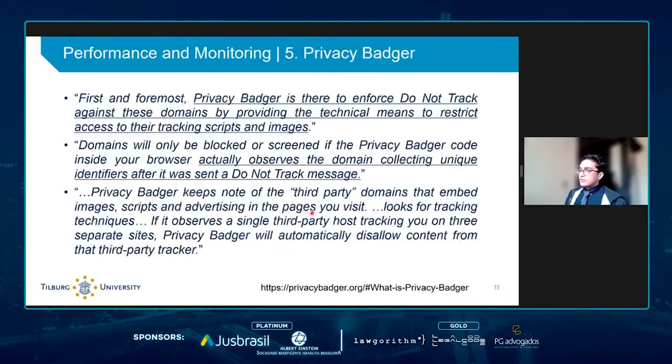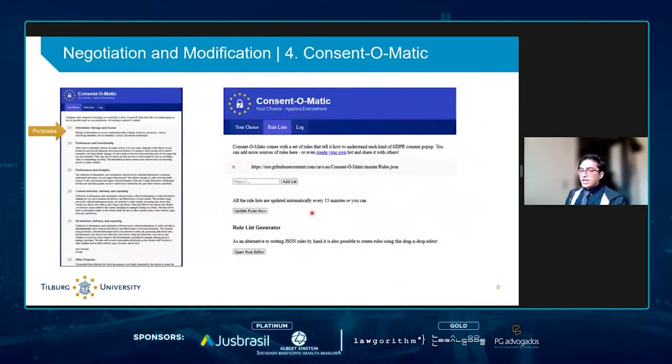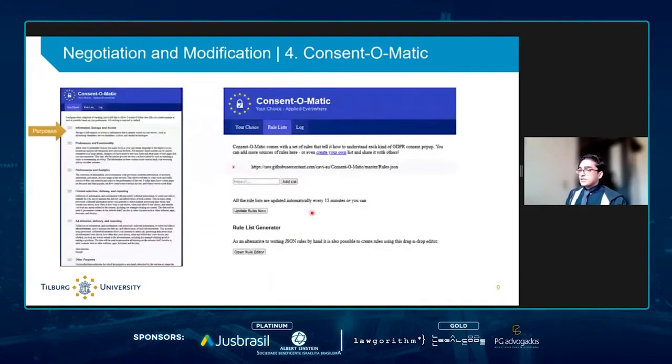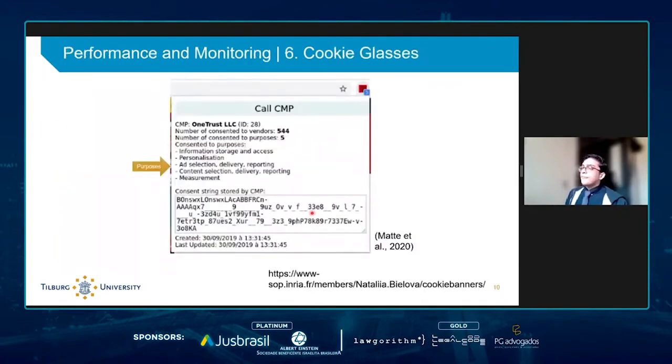Now, one important thing to note here is that Consentomatic based its rule set on an analysis of CMPs and on the GDPR. And this is similar, except this relies on the IAB's Transparency and Consent Framework. They both rely on the GDPR and have similar roots, but as you can see, some of the purposes that they talk about are slightly different.